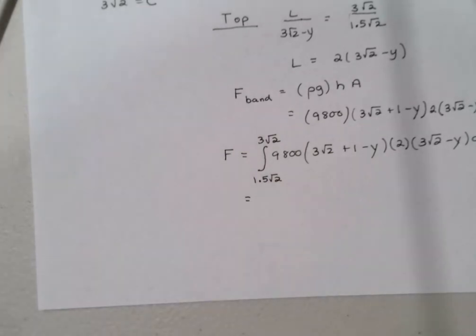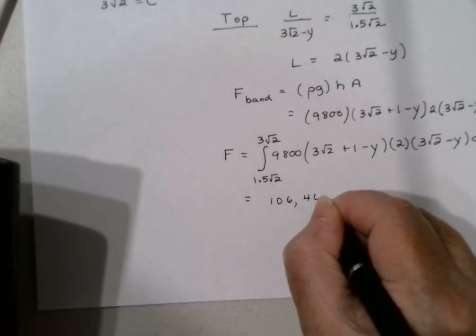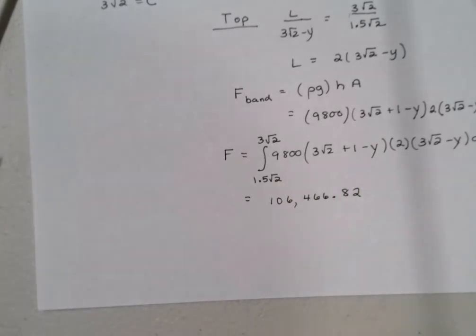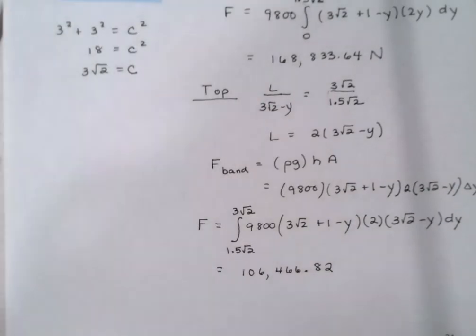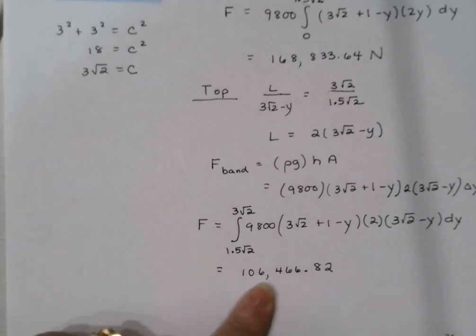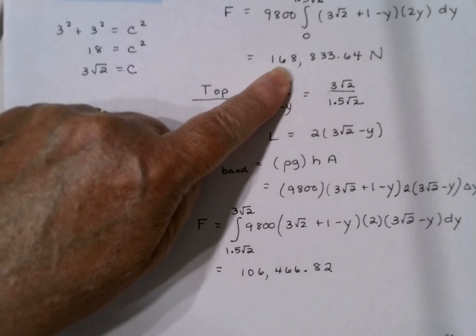All right, and let's see here. I thought I did this one. Yes, there it is. I got 106,466.82. Notice, by the way, that the hydrostatic force on the top half is smaller than the hydrostatic force on the bottom half.